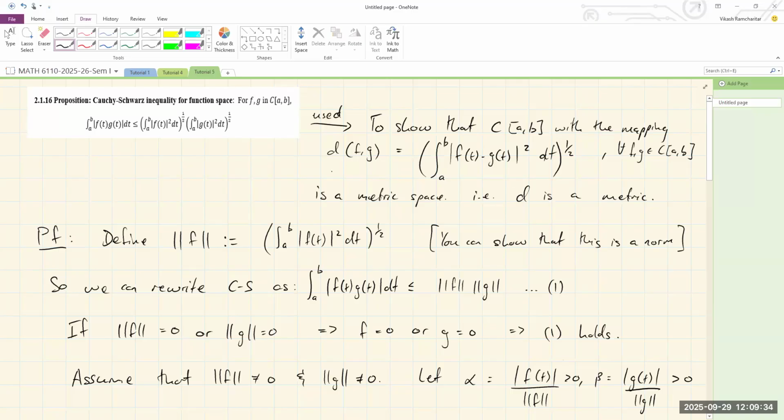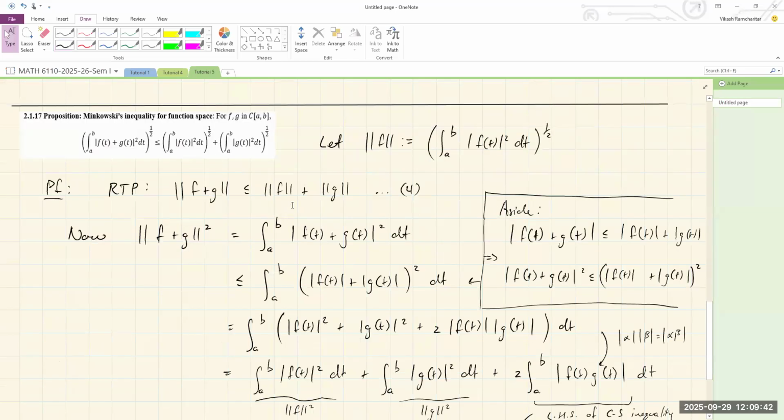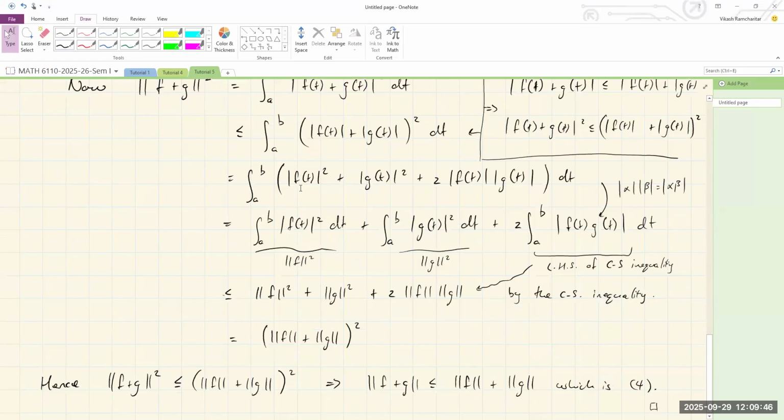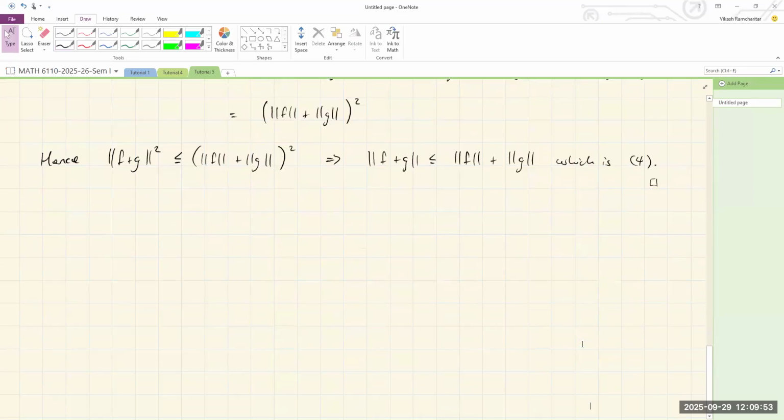So this is used when you want to verify that this map is indeed a metric. Now that we have the Minkowski inequality, which will help us prove the triangle inequality, we can go ahead and write out a little statement for why that is the case.